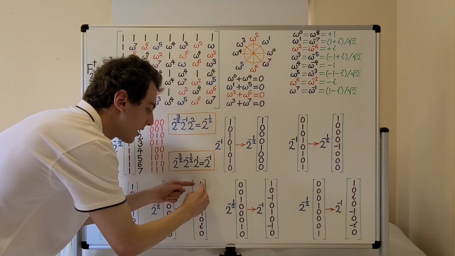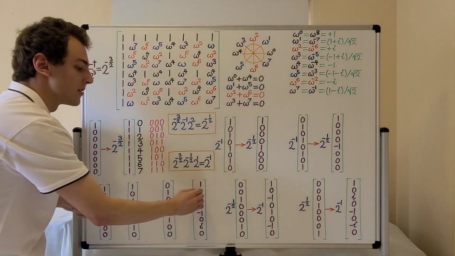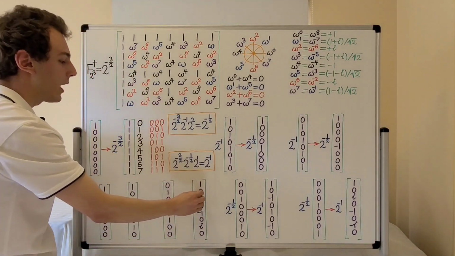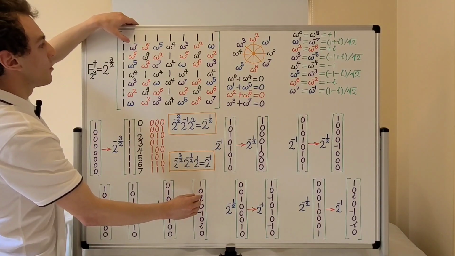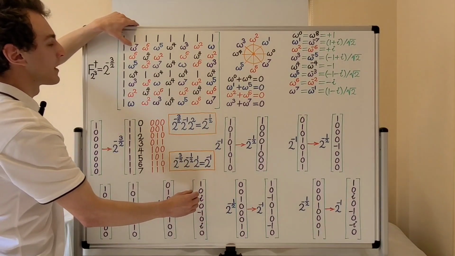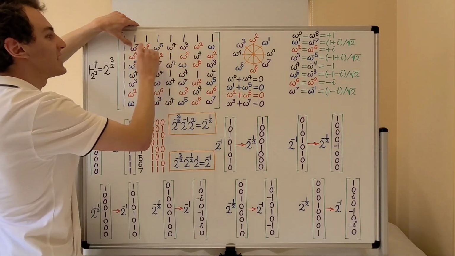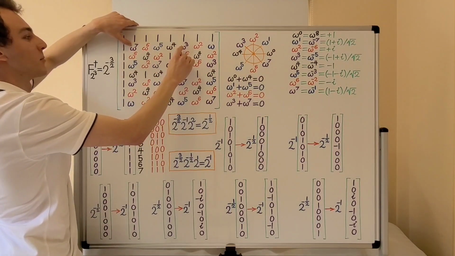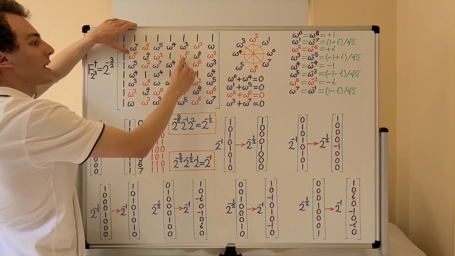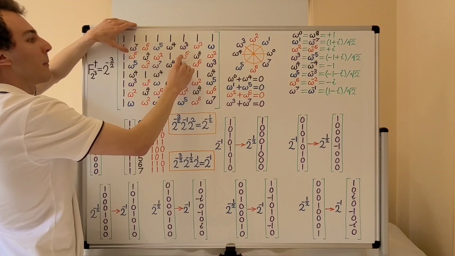And so up here, we're going to have a value of 1. The next value is going to be 0. Now, why is that the case? Well, if we look at this omega 7 appearing over here, and then if we look at this omega 3, they're both purple. That means they are additive inverses, so they will cancel. Then we have omega 6 and omega 6. That's going to give us -i.